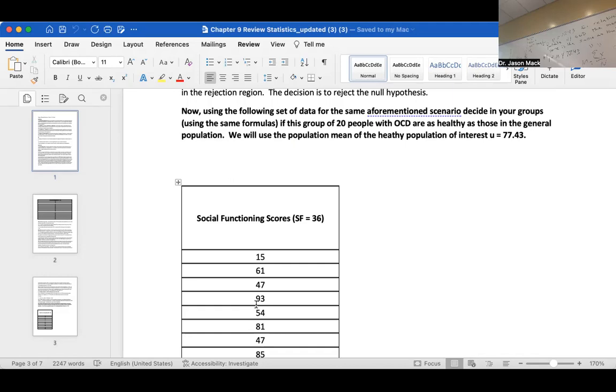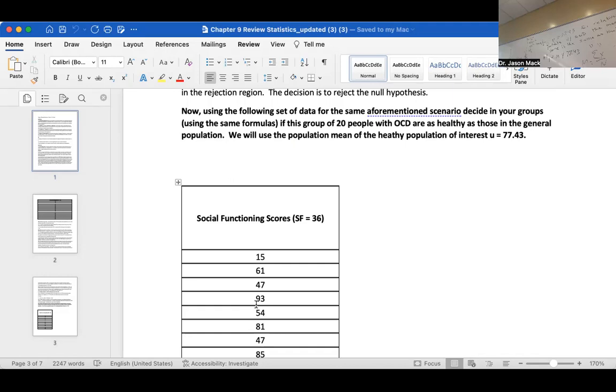And then I took the square root to get the 20.03, and n is equal to 20. So I took 20.03 standard deviation divided by the square root of 20, and I got 4.48 for our standard error of the mean.